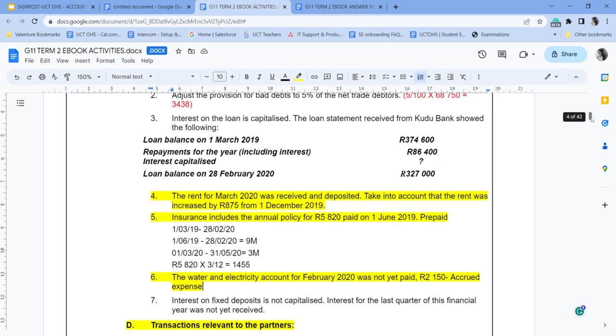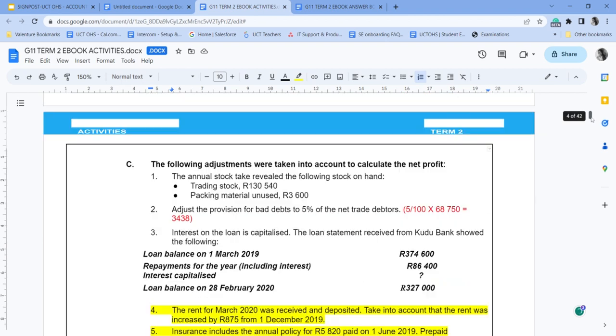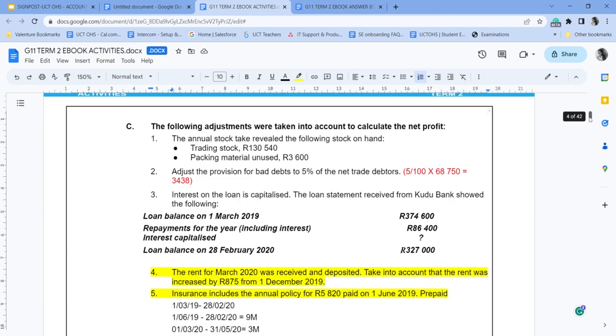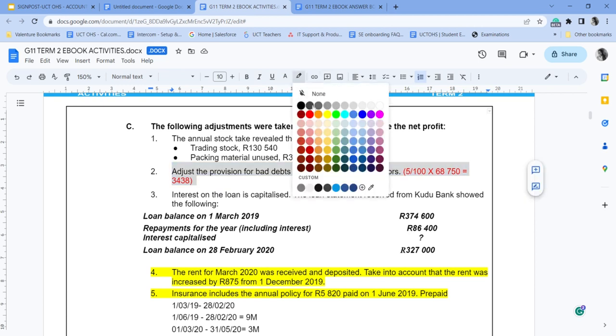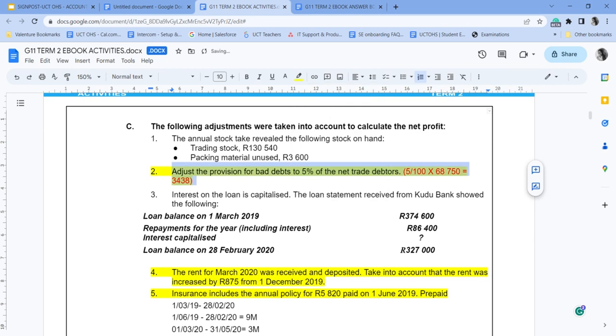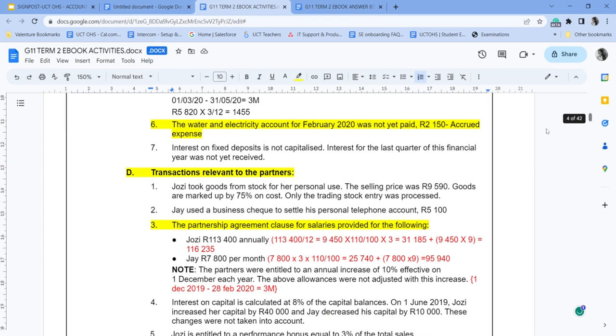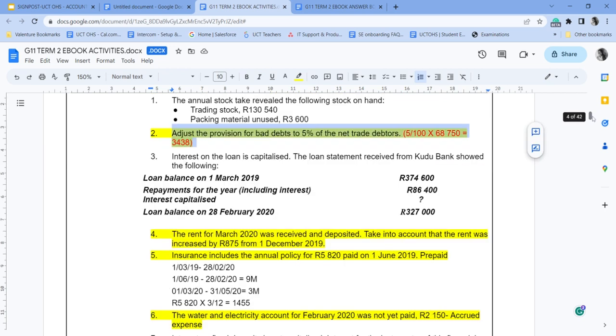Okay, now let's see if we have any other expenses that we have to take into account here. So we've taken care of adjustment 1, we've taken care of adjustment 2, we have not taken care of adjustment 3. However, adjustment 3 will only be taken care of later because this is interest on loan. It has its own space. Okay, and then we're not doing D because D information is related to partners, distribution, and sharing of profits.